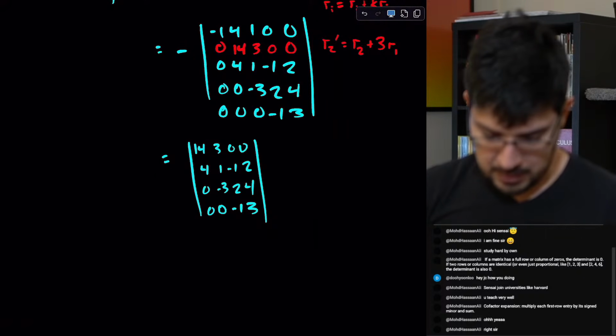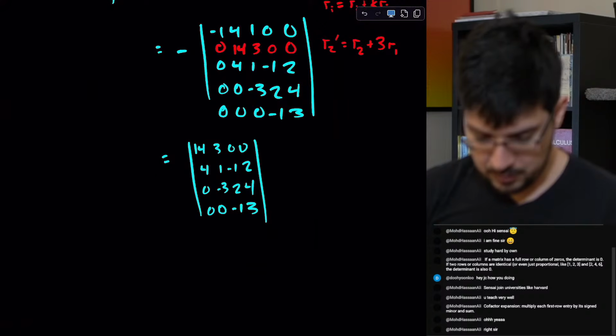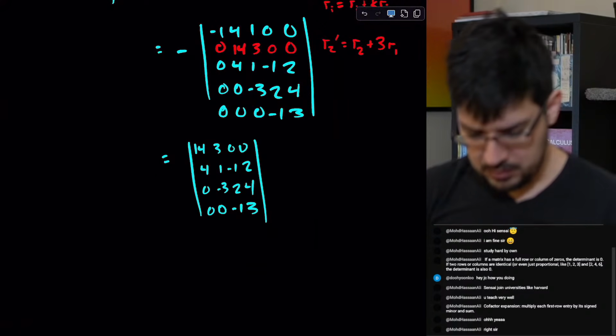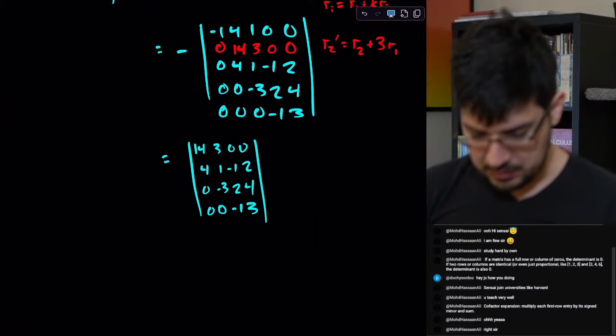How do I want to go from here? Well, it's a little tricky. I mean, we could split this into two 3x3s, but it's just nice to look for more clever arguments when you can.